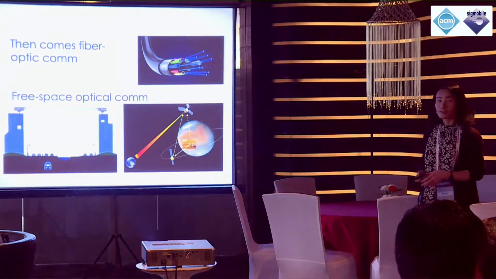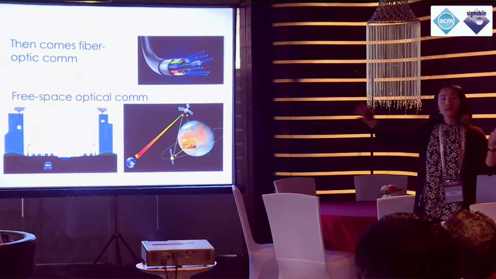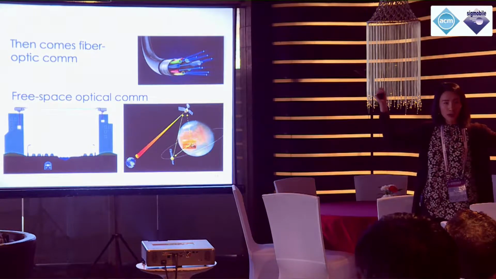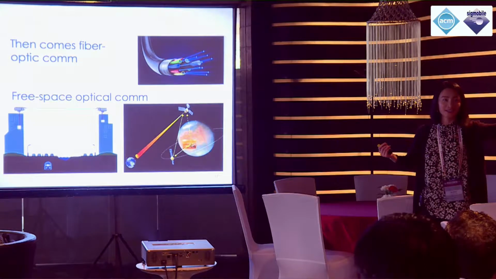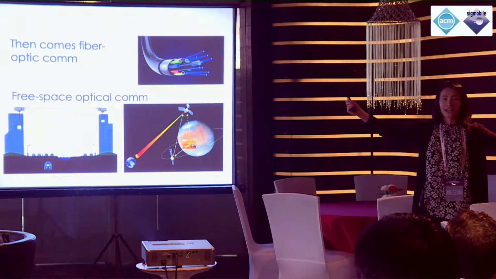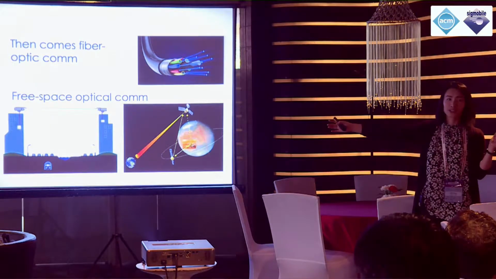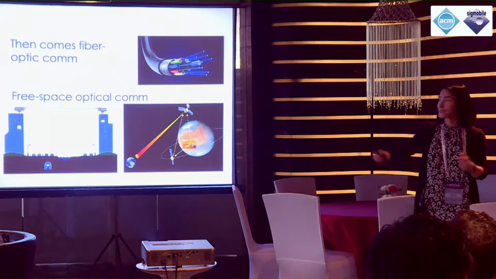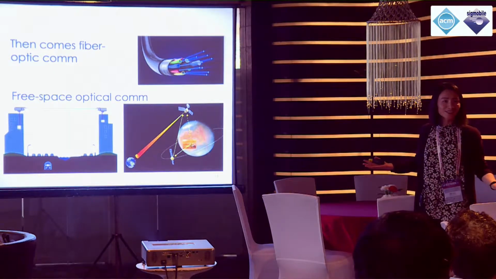And not to mention free space optical communication, where you can remove the waveguide and have one high power laser emitting a directional laser beam to the other receiver. Because of the characteristics of laser light, it can support transmission distances of tens or even hundreds of kilometers. So all these are essentially visible light communication, right?